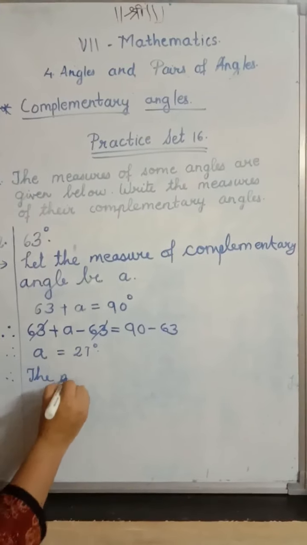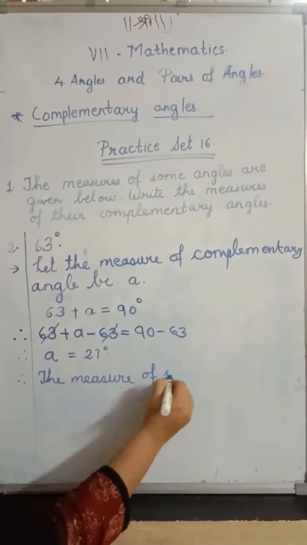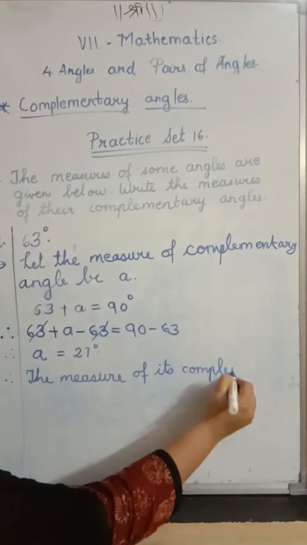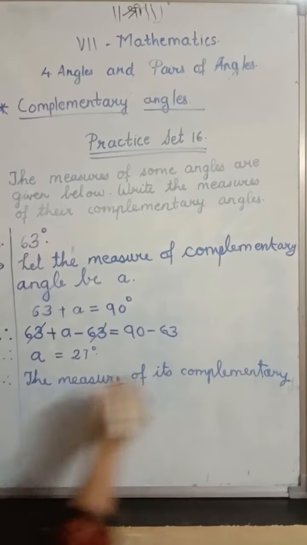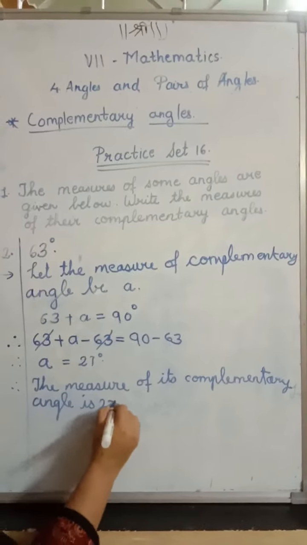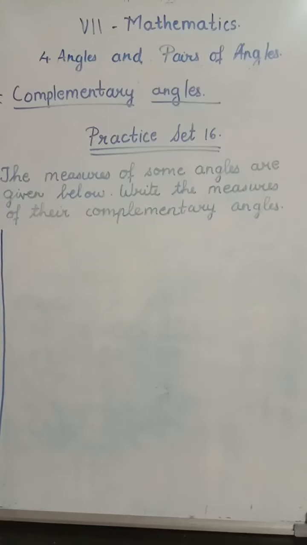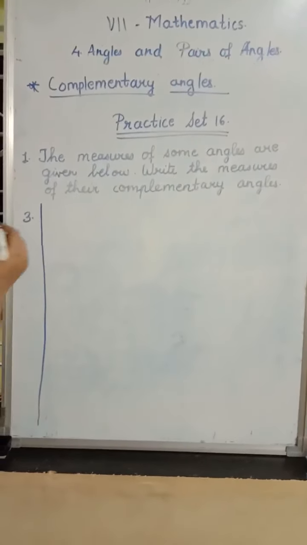Therefore the measure of its complementary angle is 27 degrees. Okay, we'll take the 7th sum, that is x degrees, as a third sum.